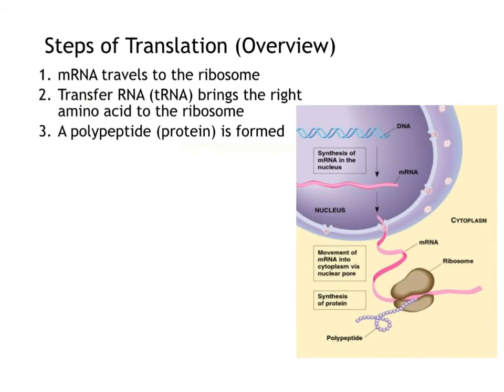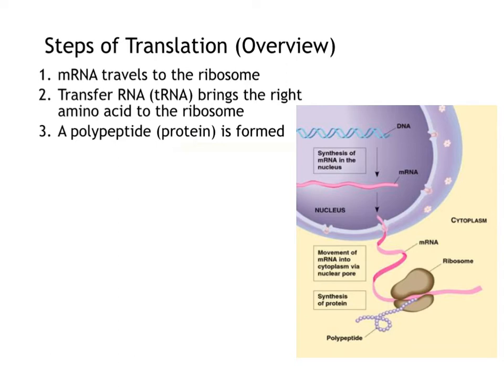So, a brief overview of what happens in translation. And you're going to see something similar to this tomorrow. In translation, the very first thing we see is that mRNA travels to the ribosome. As we just said, mRNA is going to leave the nucleus and head to this organelle called the ribosome.